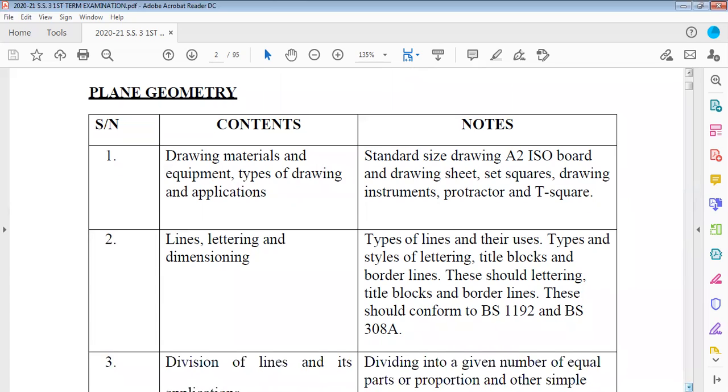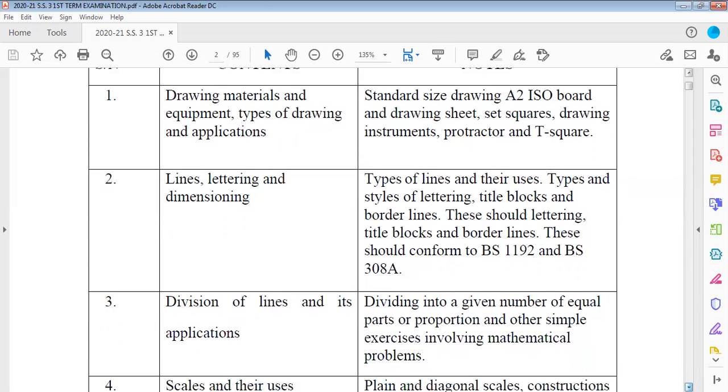For the notes, we talk about the standard size of drawing paper and drawing board, and then set squares and their uses, the T-square and its use, and also protractors and their uses. We also talk about other instruments and drawing materials.